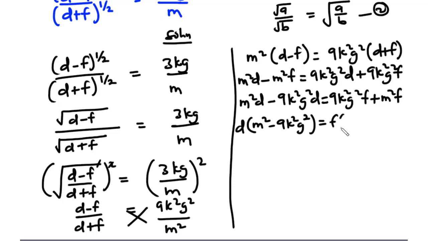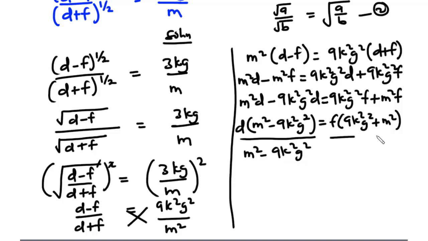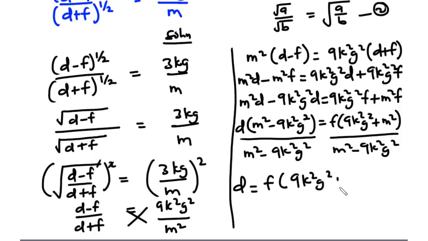So we have f into bracket 9k squared g squared plus m squared. Now because we want to make d the subject, let's divide through by m squared minus 9k squared g squared. So we have d to be equal to f into bracket 9k squared g squared plus m squared divided by m squared minus 9k squared g squared.